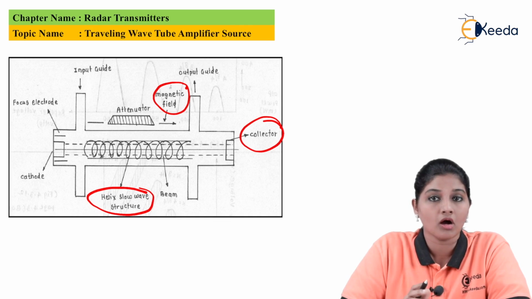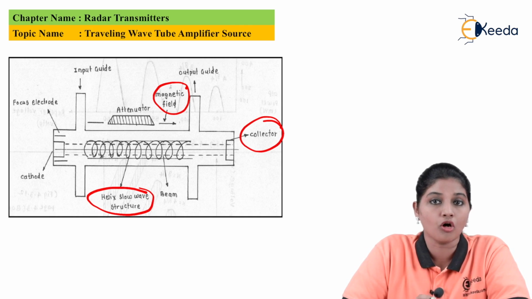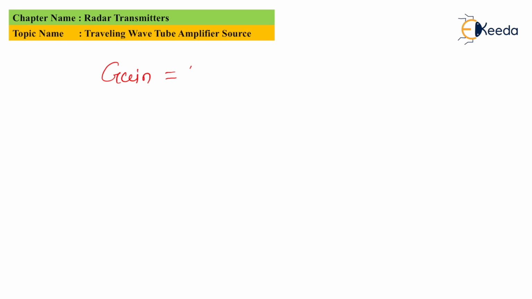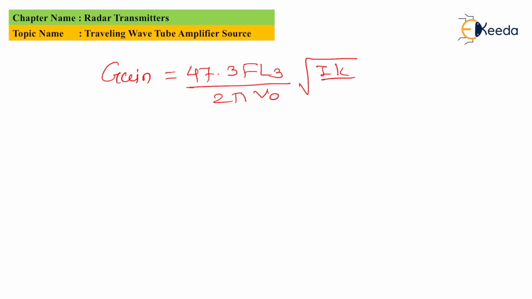So the gain obtained at the output of the traveling wave tube is given by a formula, in terms of dB.